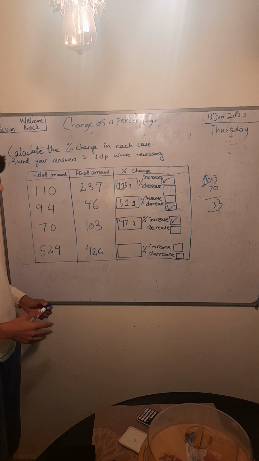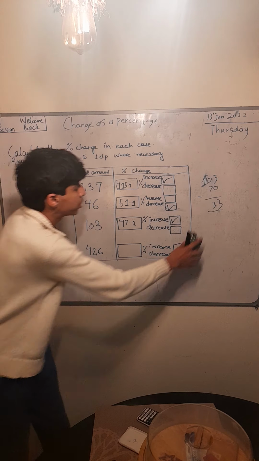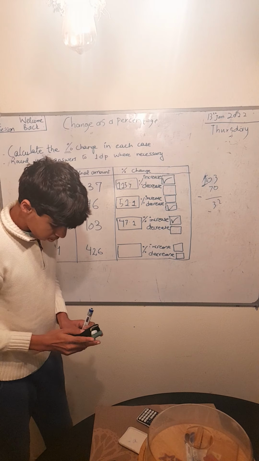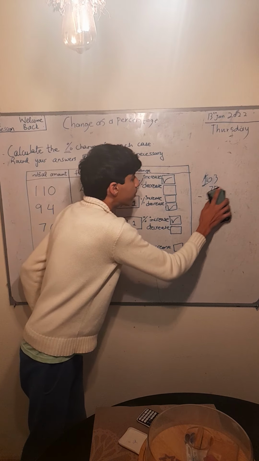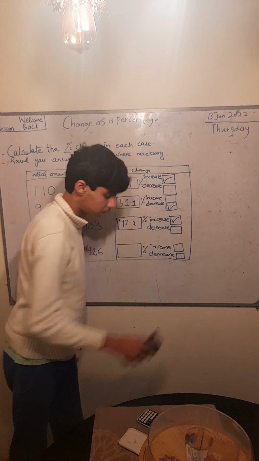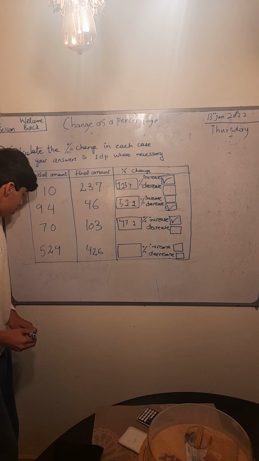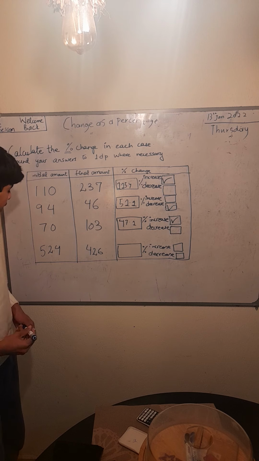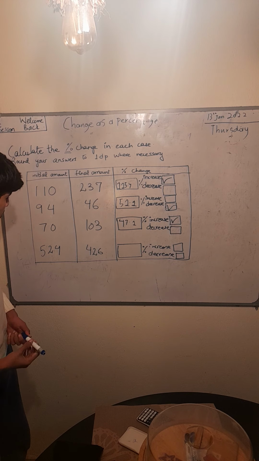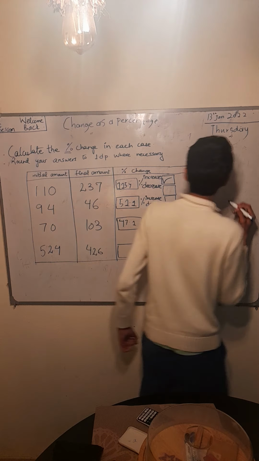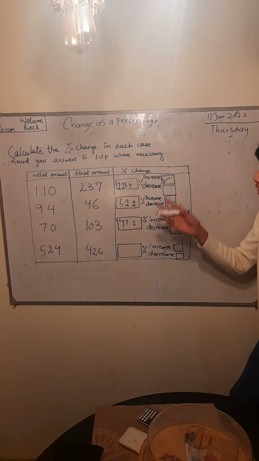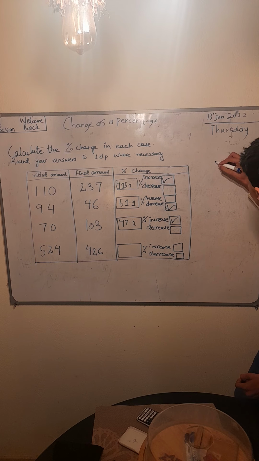Now, the last and final question. We will follow those three steps once again. 524 and 426. Simply, you will subtract the final amount from the initial amount. 524 subtracted by 426.